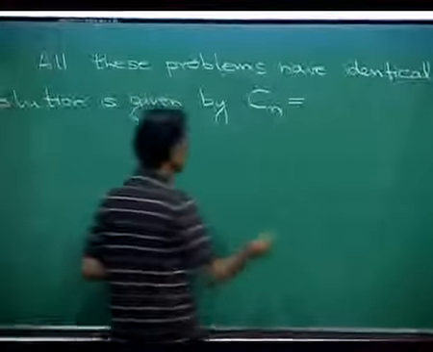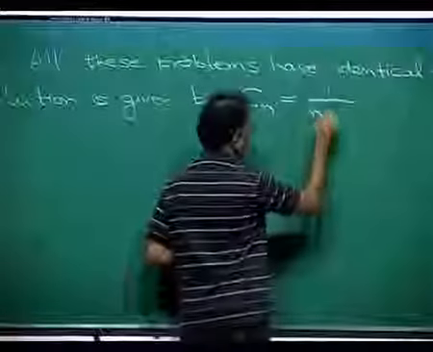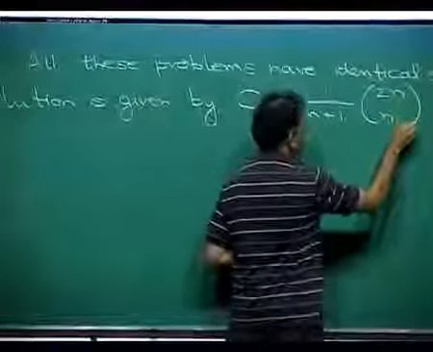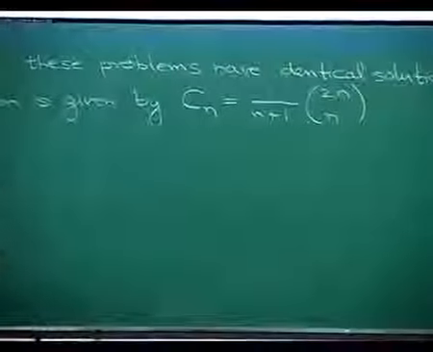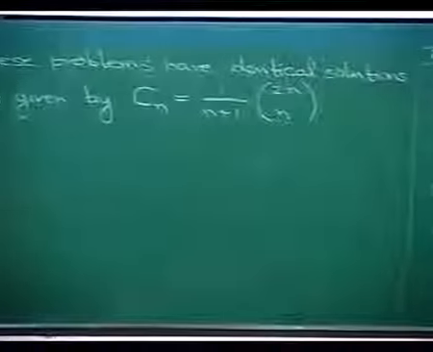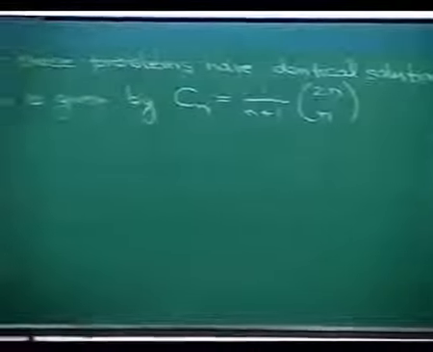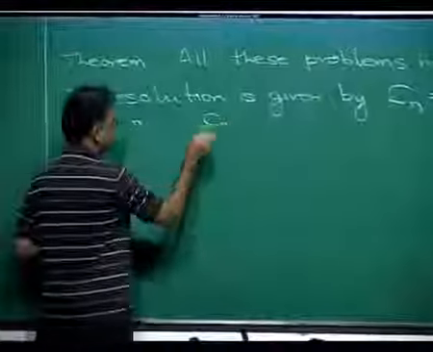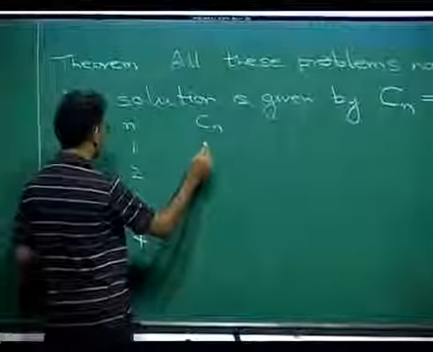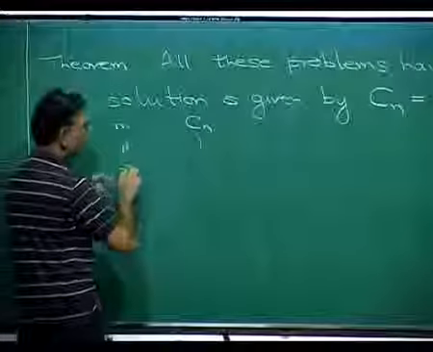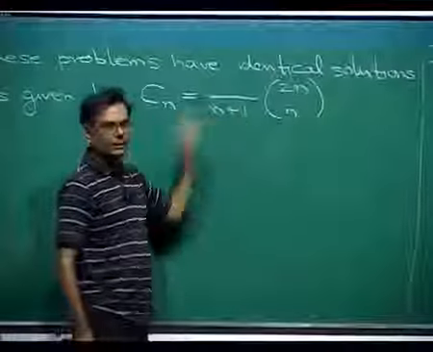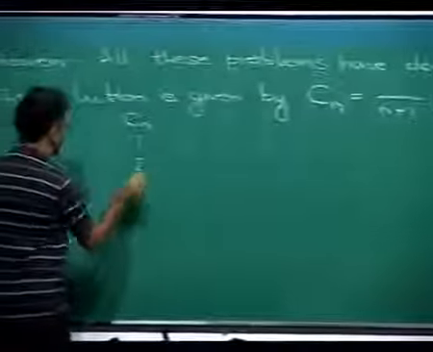The formula for Cn is 1 over n plus 1, 2n choose n. You can tabulate this for the first few values of n and see. So n, Cn: when n is 1, it's 1, and n is 2, it's 1 over 3, 4 choose 2. 4 choose 2 is 6, so 1 over 3, 4 choose 2 is 2.